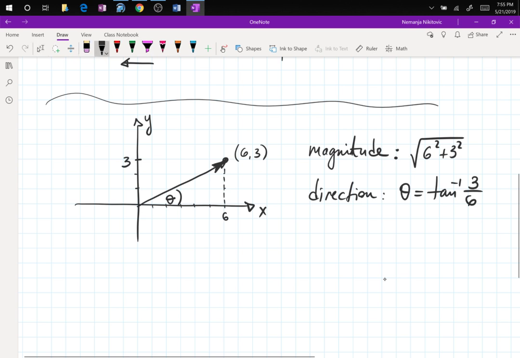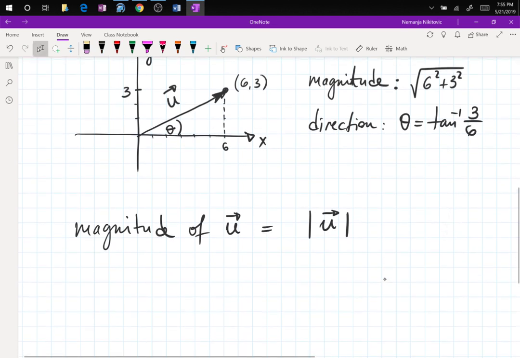So if this is my vector u, the magnitude of vector u is denoted as this absolute value. And in our case, it is going to be the square root of x squared plus y squared.